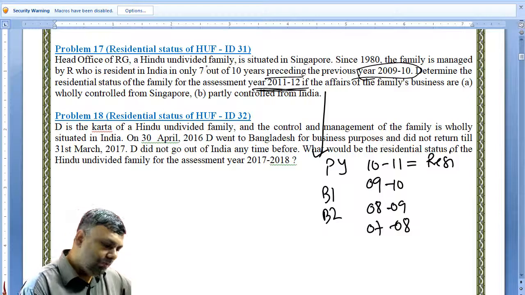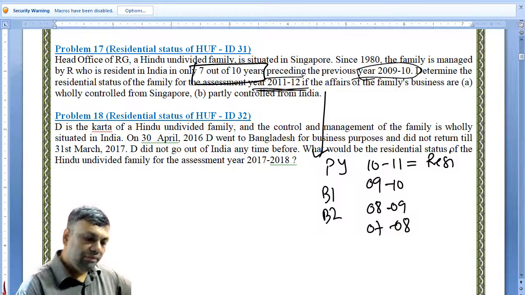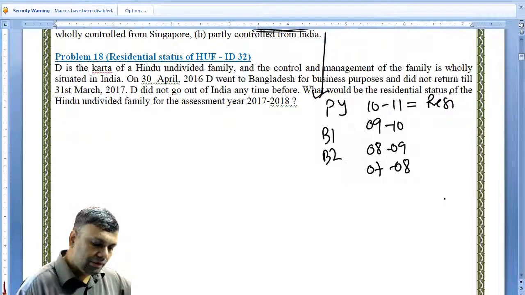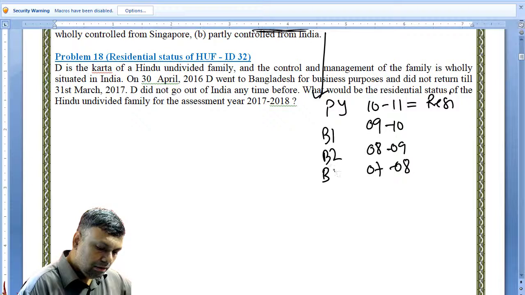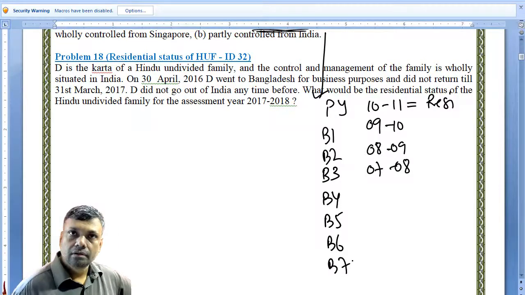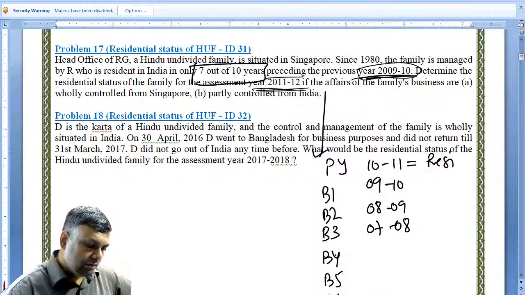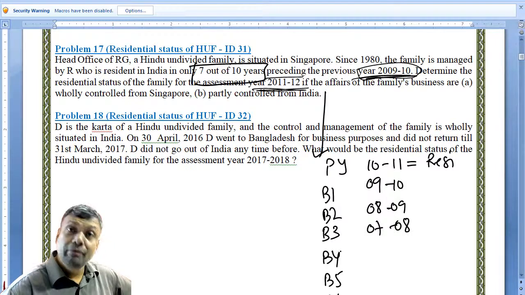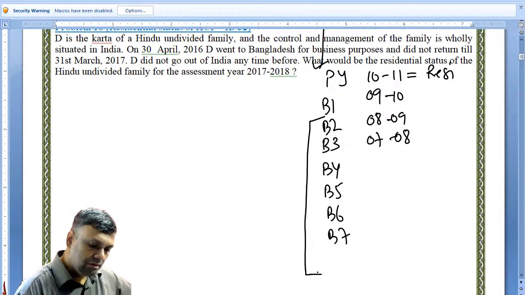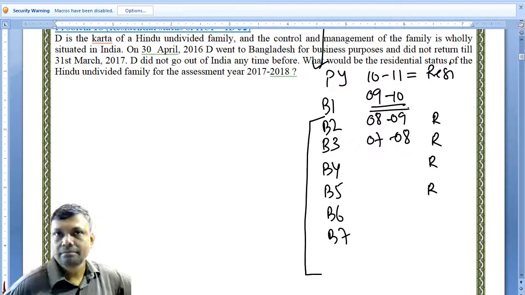Now, you are resident 7 out of 10 years preceding the previous year 9-10. Okay, so I'll just write this one. B3, B4, B5, B6, B7, etc. So you are how many years resident? 7 out of 10 years, but before 9-10. So maybe you are resident before this year given.